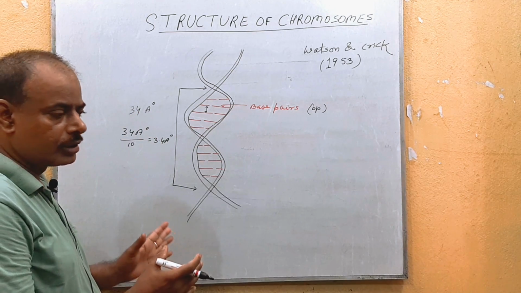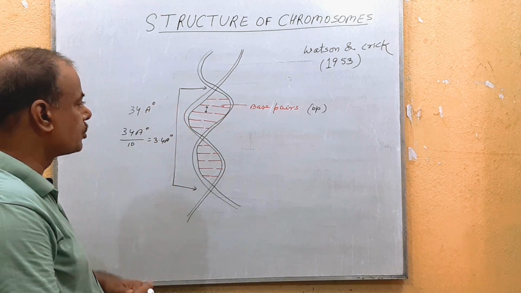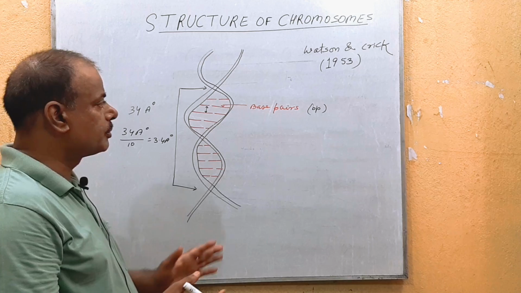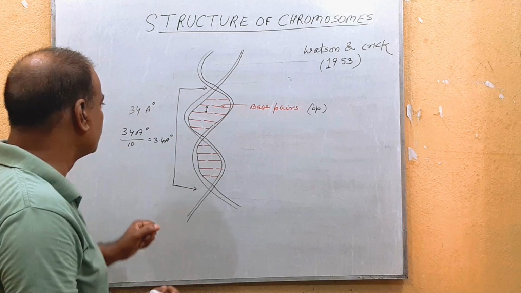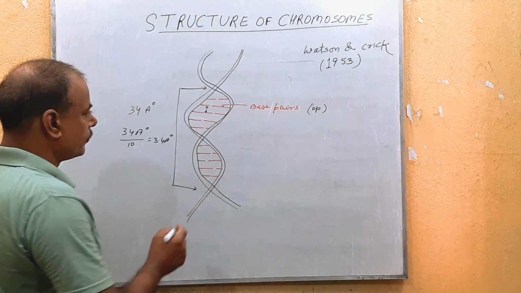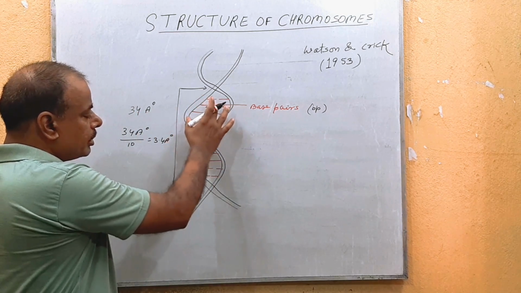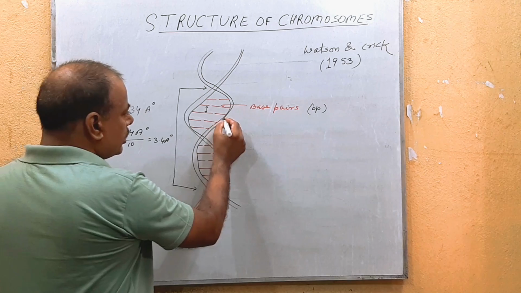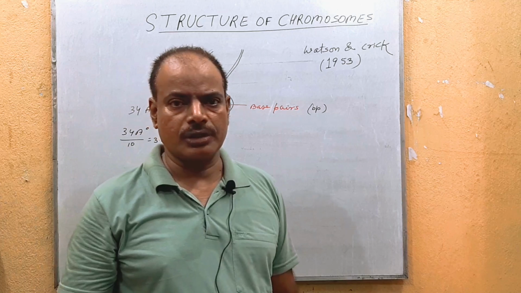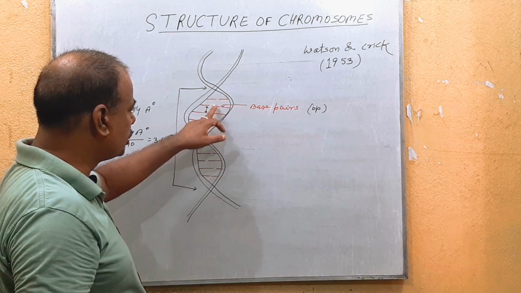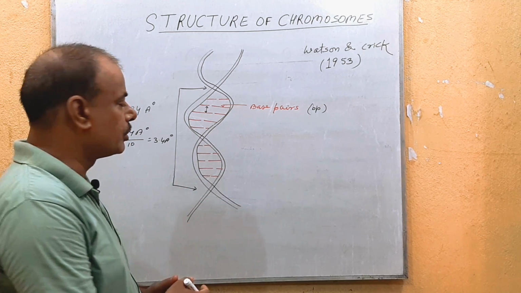Angstrom is the unit for measuring very small distances, such as in DNA. So in one turn of 34 angstrom, 10 base pairs are located, and there are two pillars made up of phosphate and pentose sugar. Each rung, or base pair, is made up of nitrogenous bases with hydrogen bond.